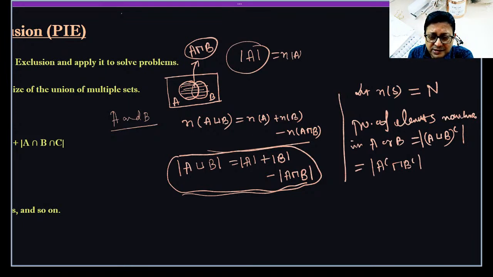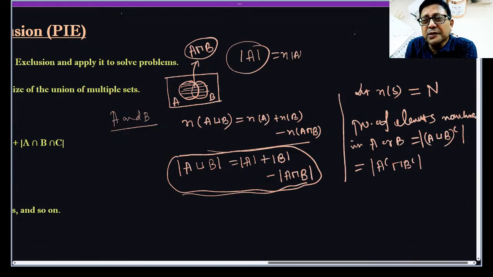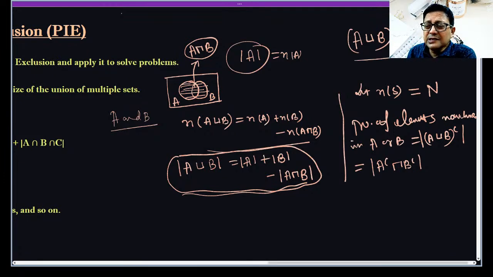This is nothing but cardinal number of A complement intersection B complement, because if you have done set theory, you know A union B complement is A complement intersection B complement.